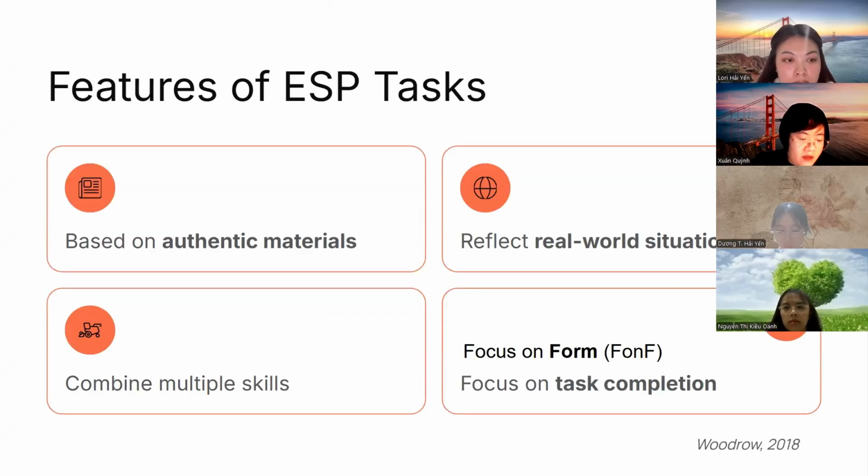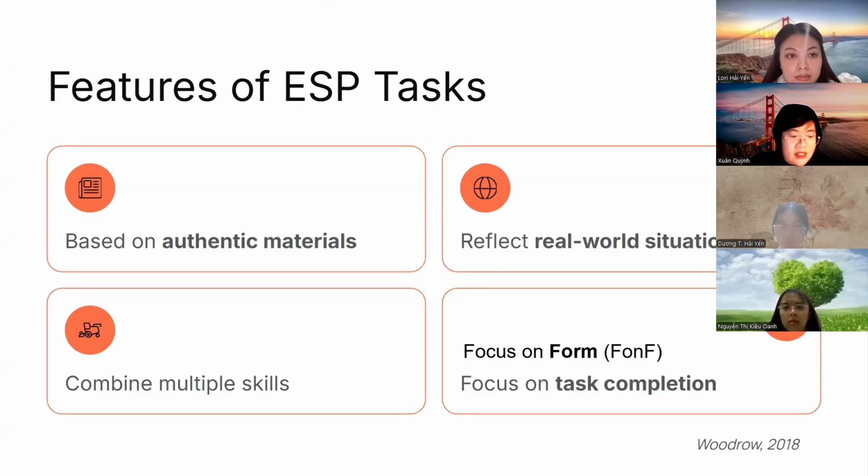ESP tasks have several key features. First, they are based on authentic materials, such as real workplace or academic texts. Second, they reflect real-world situations that learners are likely to encounter. These skills are based on real-world texts and learners' needs in specific contexts.